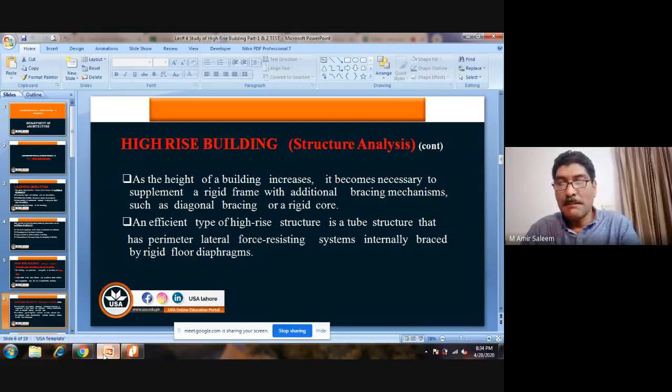So this is the basic result, a formula that we derive in this lecture.